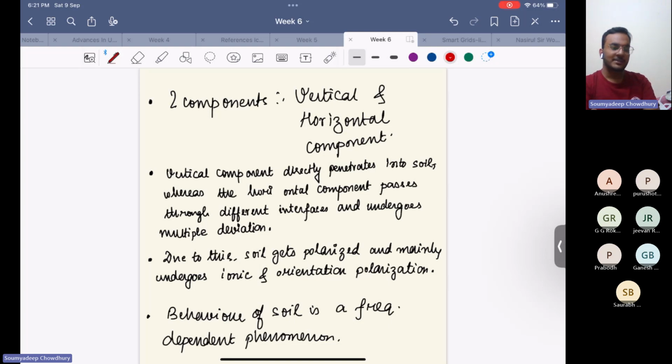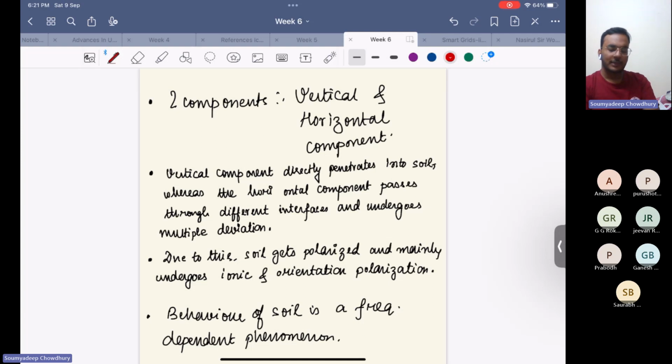Here also, since there are different layers inside the soil, a multi-layer soil, we have different permittivities in the different layers, and that deviates the electric field at every layer. Also, due to these different interfaces, the electric field undergoes multiple deviations.